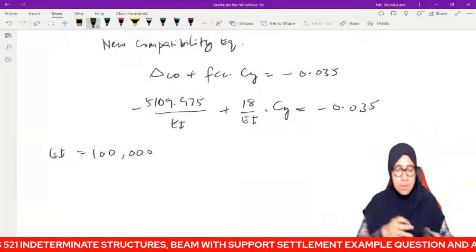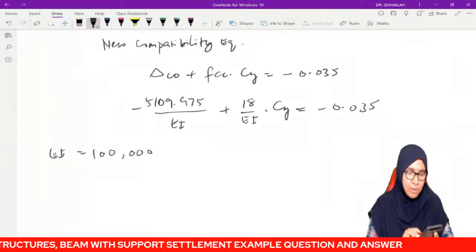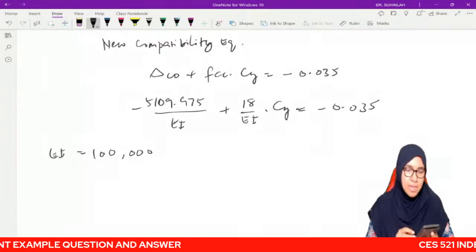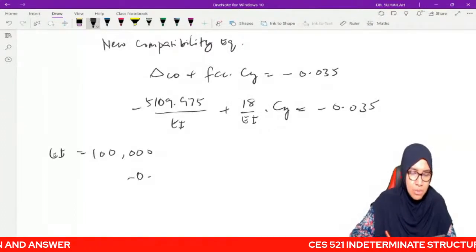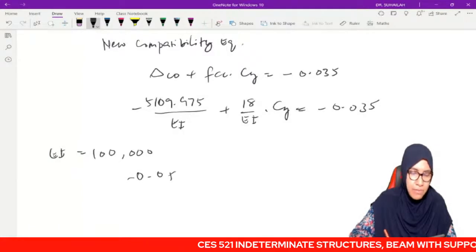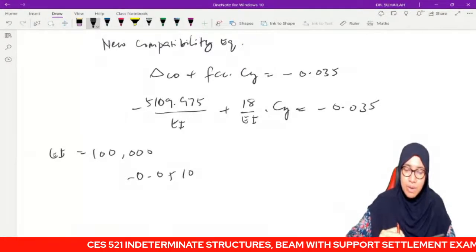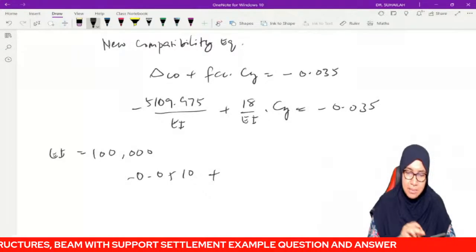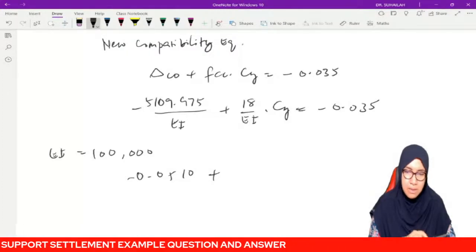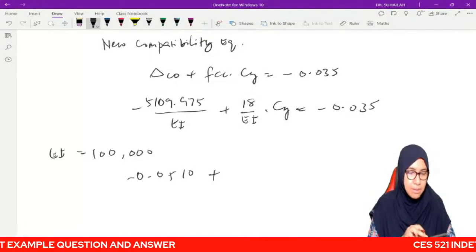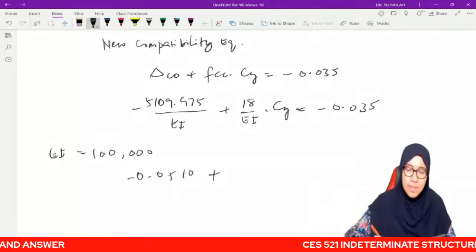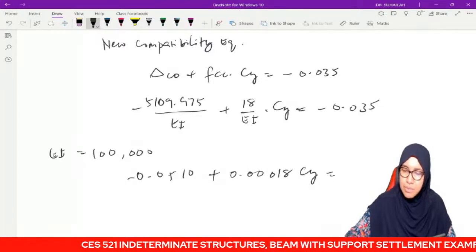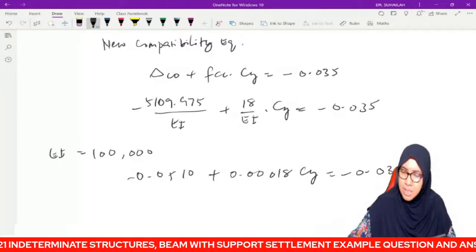So 5109.975 divided by 100,000 gives negative 0.05110, plus 18 divided by 100,000, which is 0.00018 CY, equal to negative 0.035.